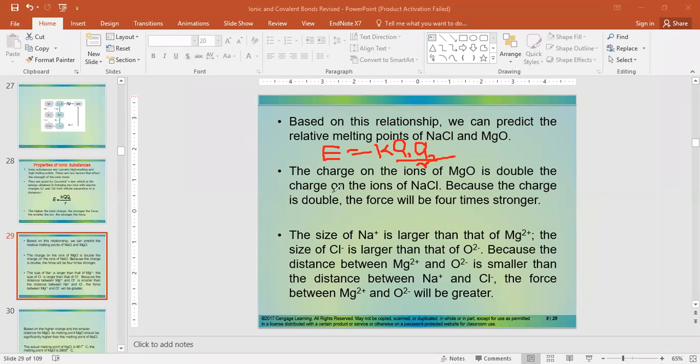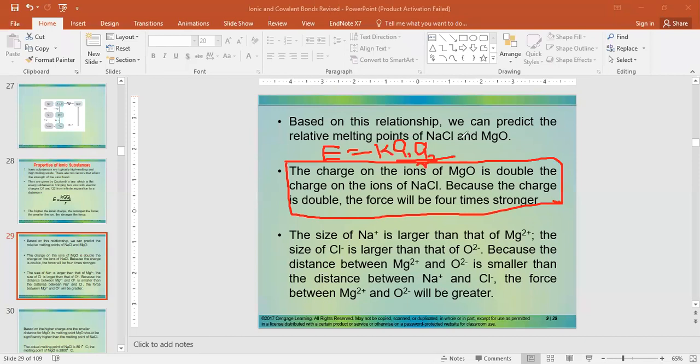Now, in this point here, it is about predicting the relative melting points. So in this particular point here, we are looking at magnesium oxide and sodium chloride. So we confine ourselves to the electric charges here.